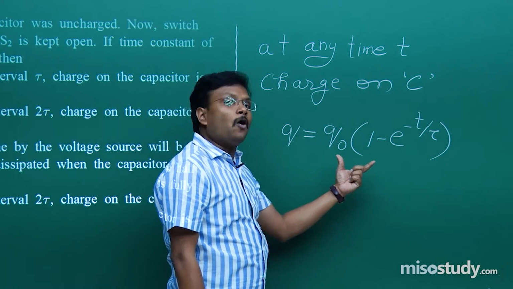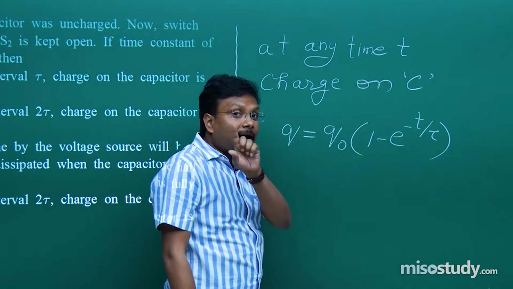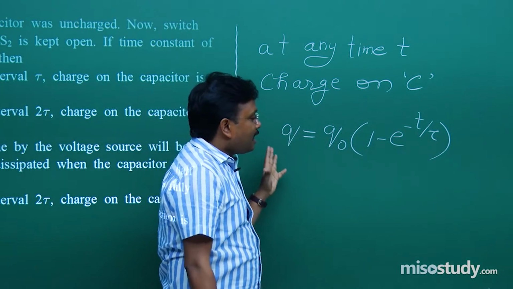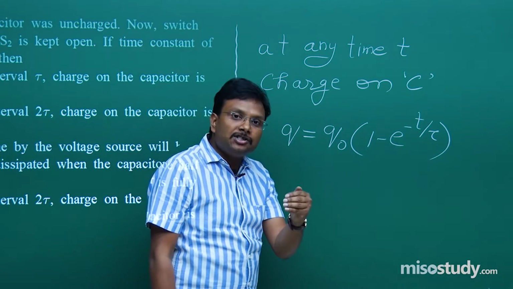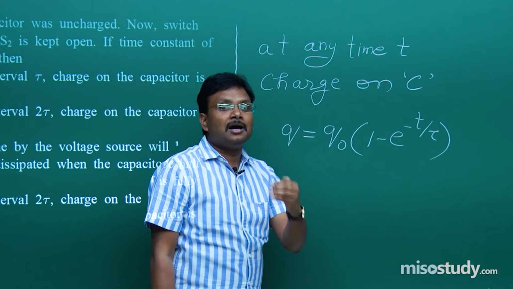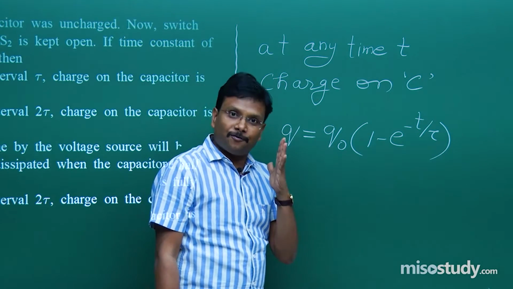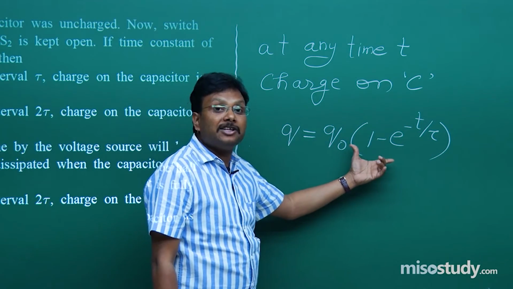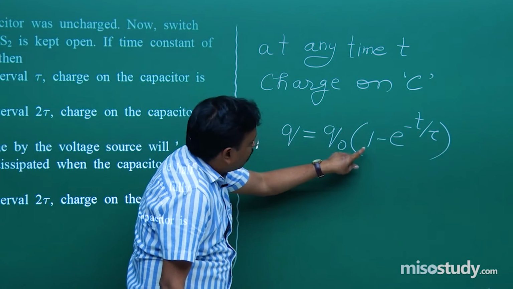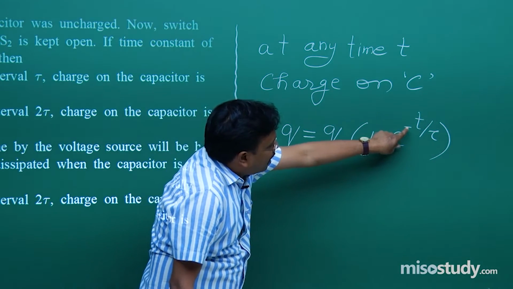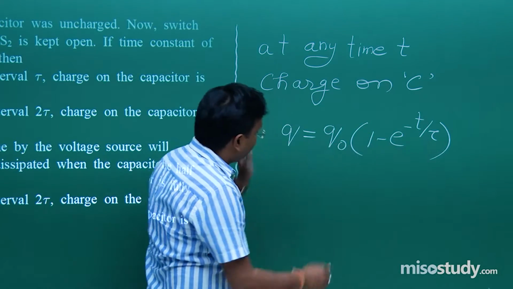Now, try to recall, during the discussion of the second chapter, I explained this topic with the subtopic name charging and discharging of capacitor. Fine. So, a direct relation is used over here: Q equals Q naught times 1 minus e to the power minus t by tau.